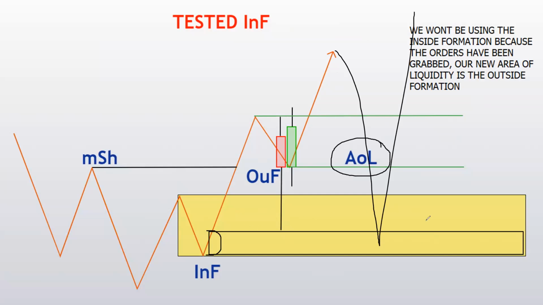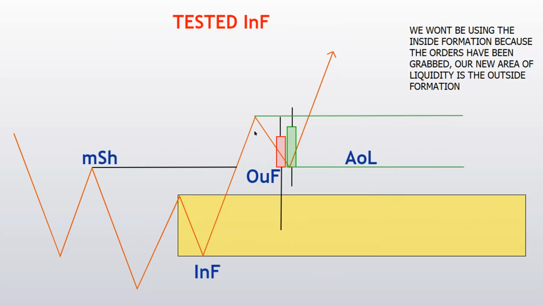Maybe when we have this area of liquidity as 100%, as you can see here, the market tried to consume it and consumed maybe 55%. So there is some 45% left right here. We can consider this one, but we can also consider our outside formation as the best area of liquidity to trade at the moment.